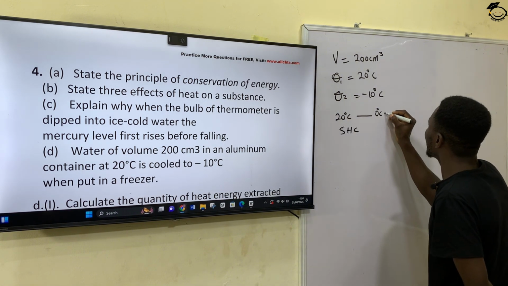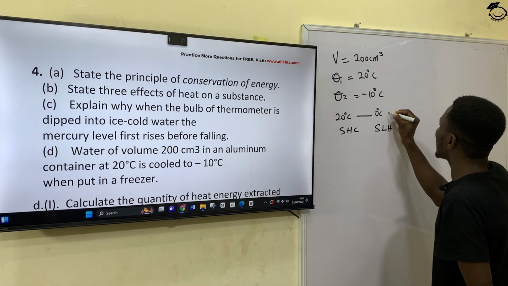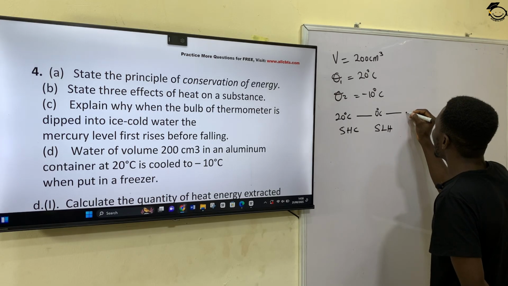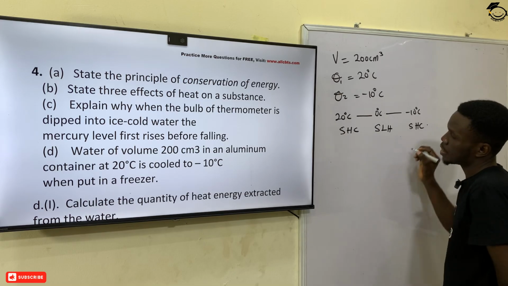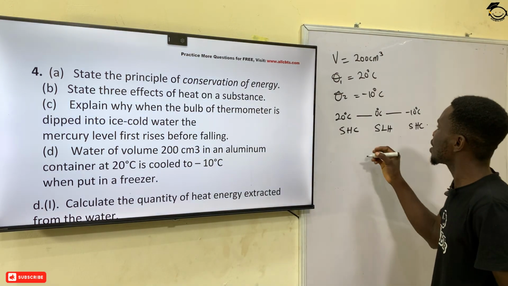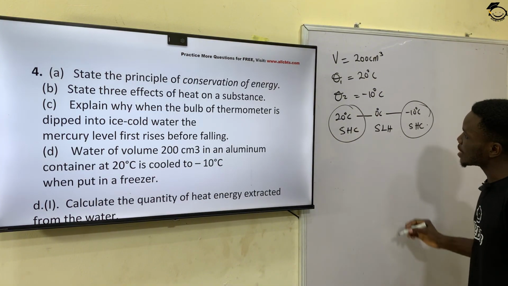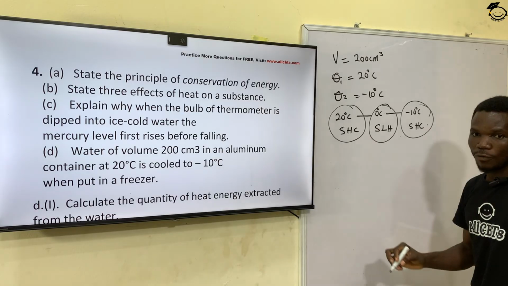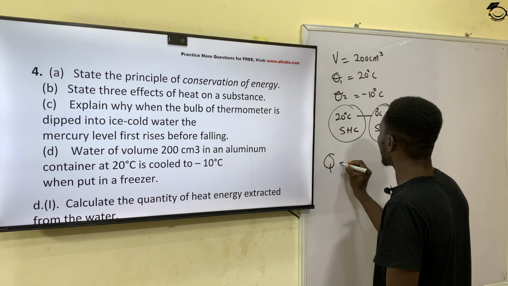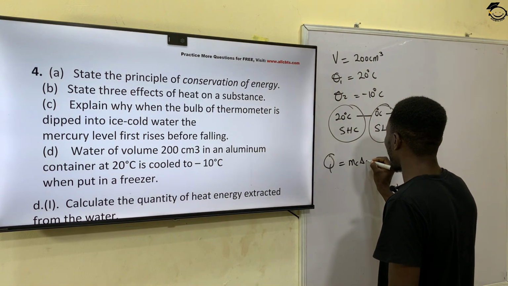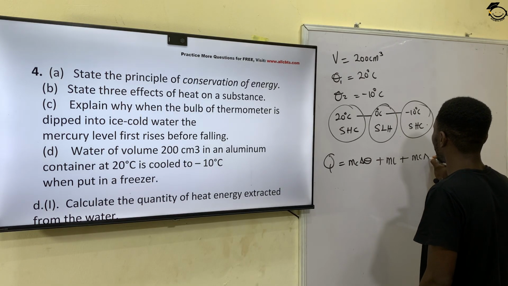And then at 0 degrees Celsius, I'm going to be having specific latent heat. And then from 0 degrees Celsius down to minus 10 degrees Celsius, I'm going to be having specific heat capacity. It means here that I'm going to be having the specific capacity of water, and here I'm going to be having specific capacity of ice. And at 0, I'm going to be having specific latent heat. It means that my quantity of heat that will be extracted will be equal to MC change in theta plus ML plus MC change in theta.